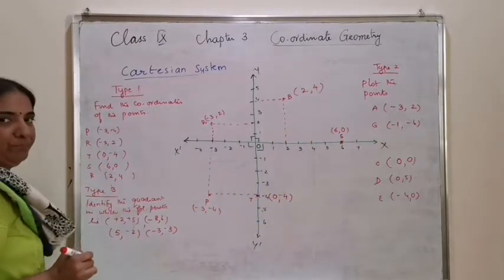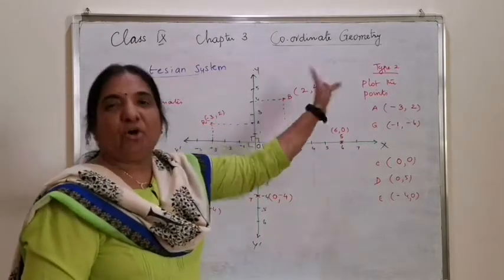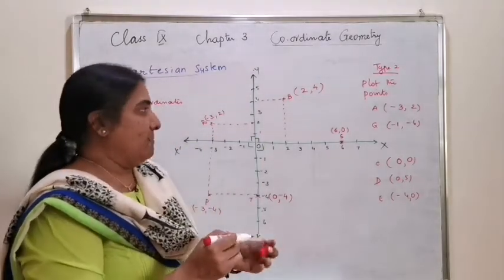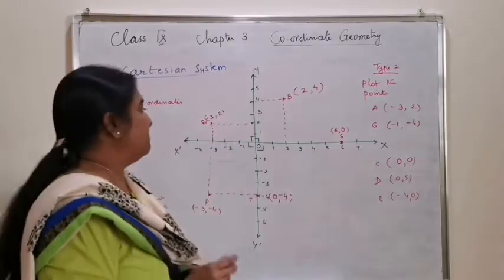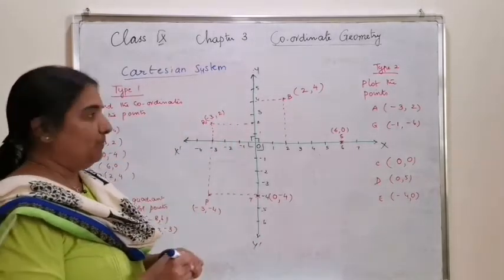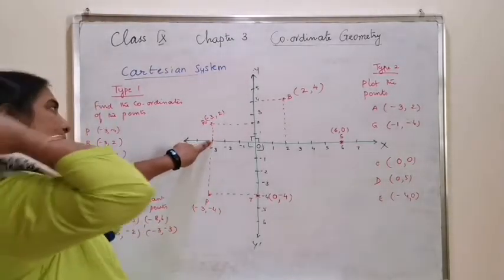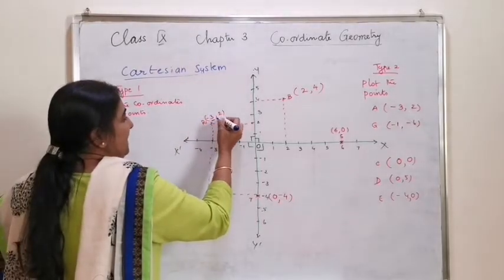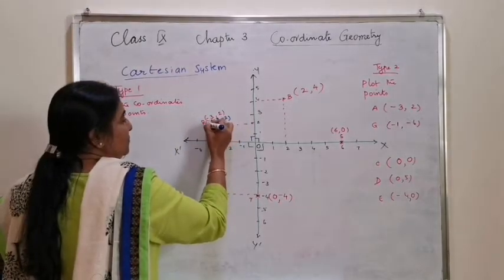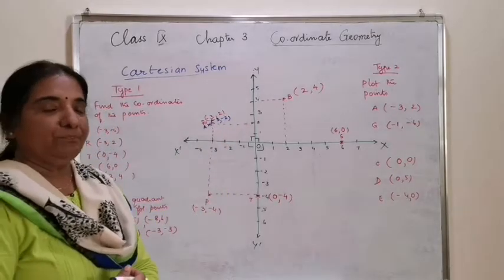Now, the type 2 question is to plot the points. (-3, 2): the x value is -3 and the y value is 2. It came to the same point as (-3, 2). Let's name it again as A, it doesn't matter.